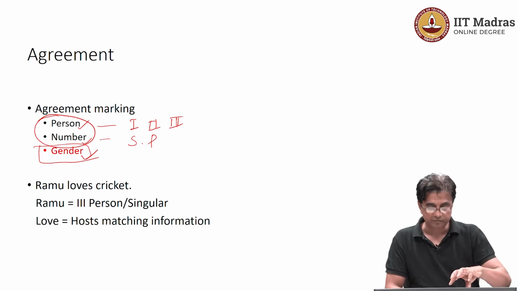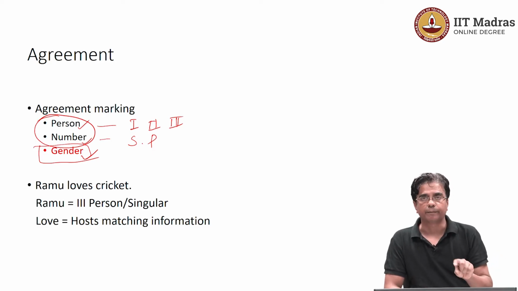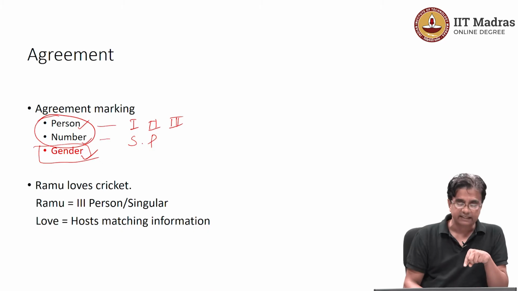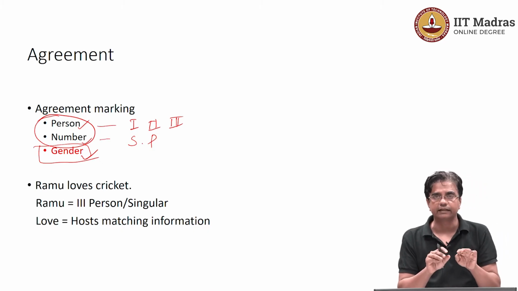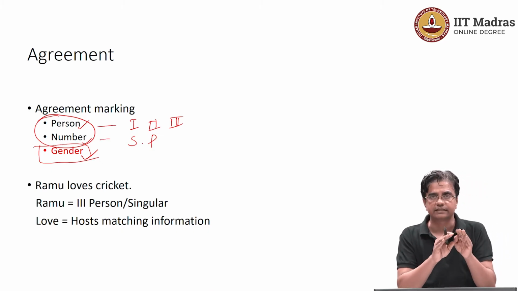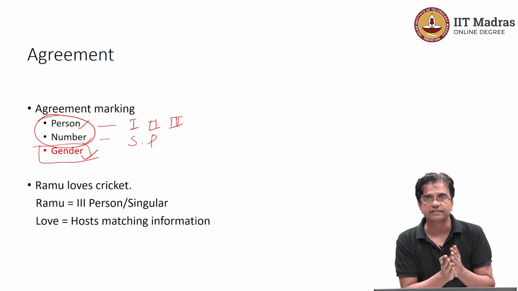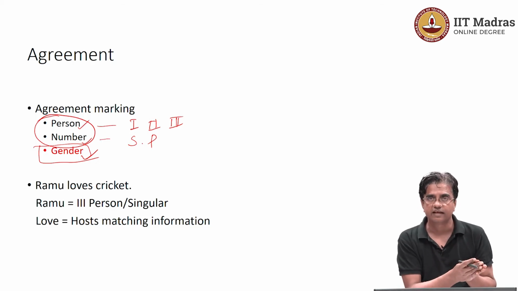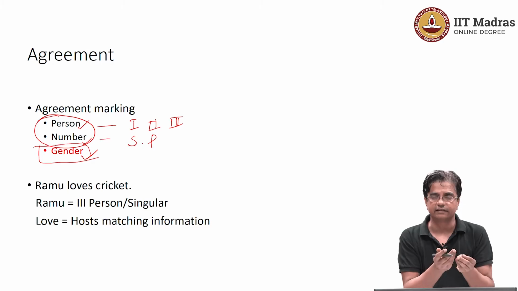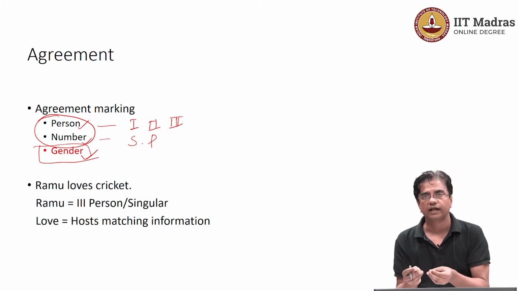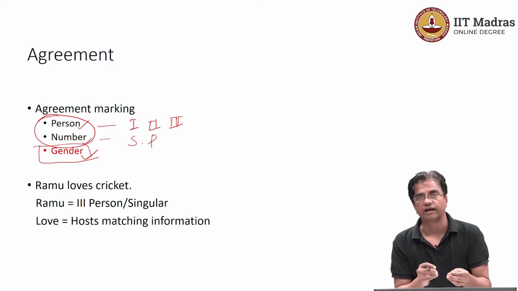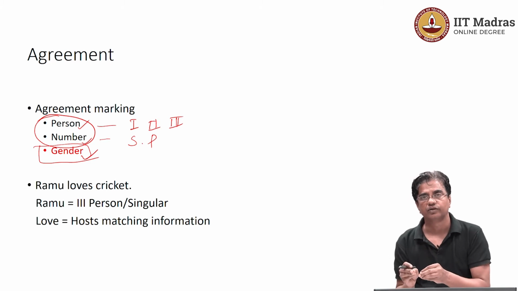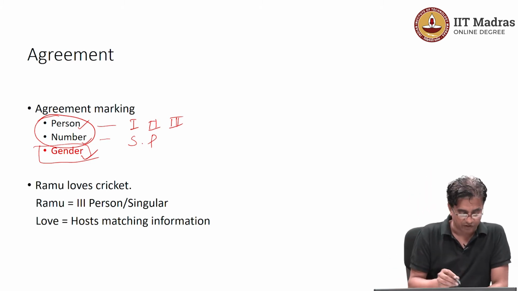So these two things together play an agreement in the sense that these things are embedded in nominals, in the nouns, in the subject, and their matching values appear on the verb, and that's what we call agreement.